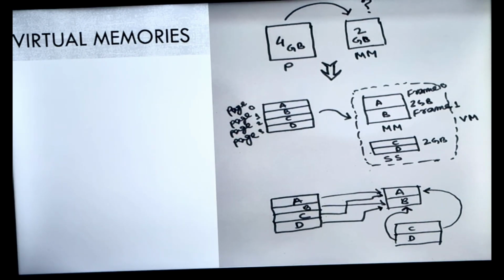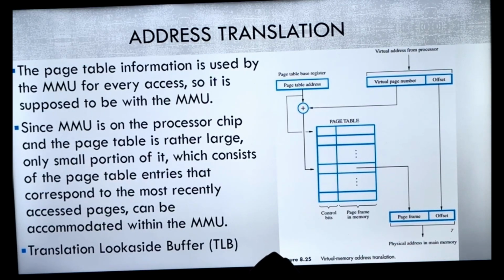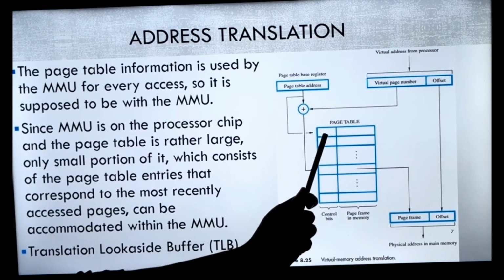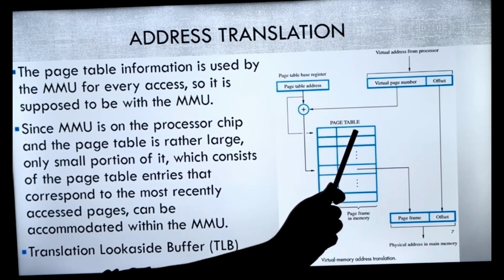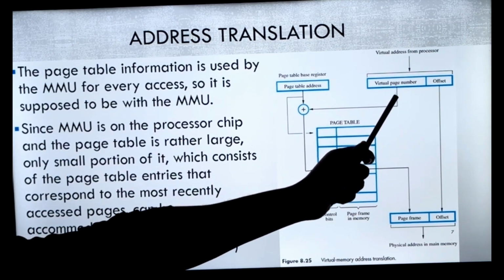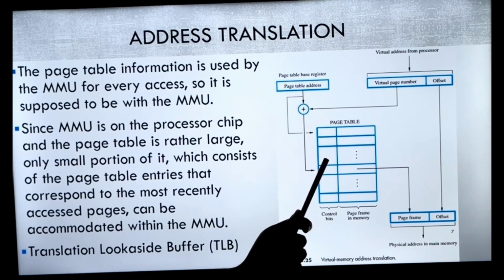For that we have a page table. We have a page table in main memory. This page table has the information that your page 0 is located in frame number 1 or 2 or 3, wherever. So whenever your processor generates a virtual page number, if I get this page table, then I will easily know the frame number.